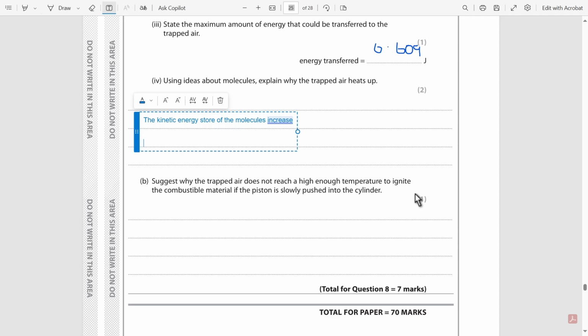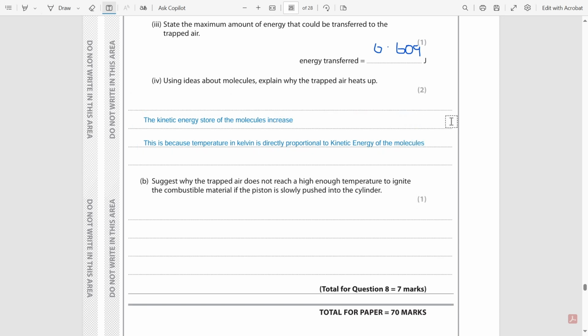This is because temperature in Kelvin is directly proportional to the kinetic energy of the molecules. It's a thing that everyone has to say.